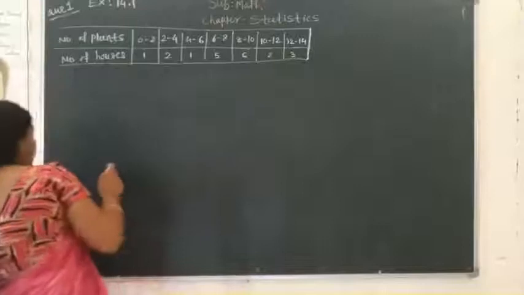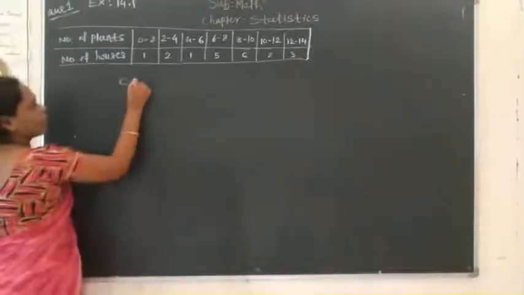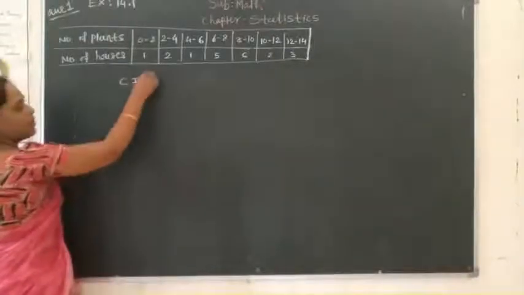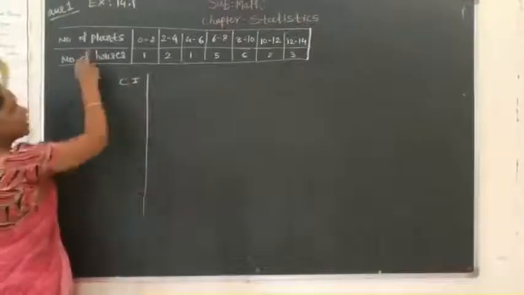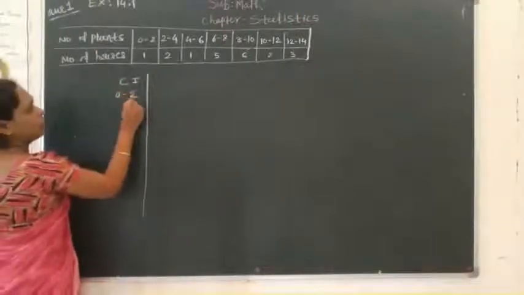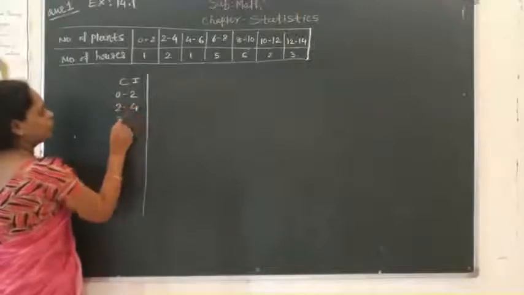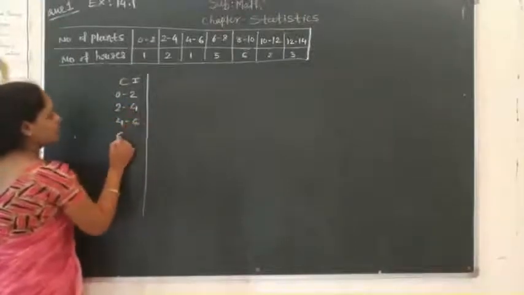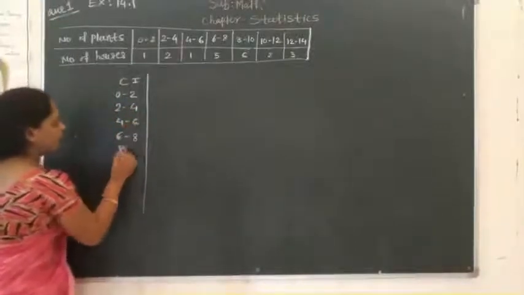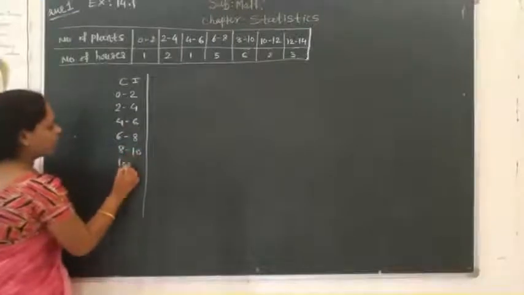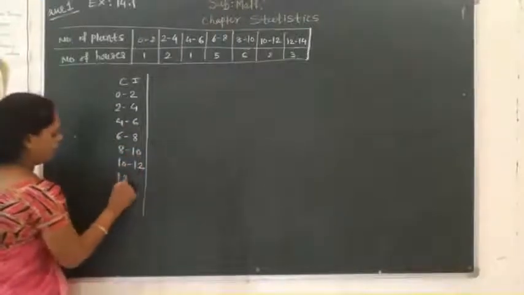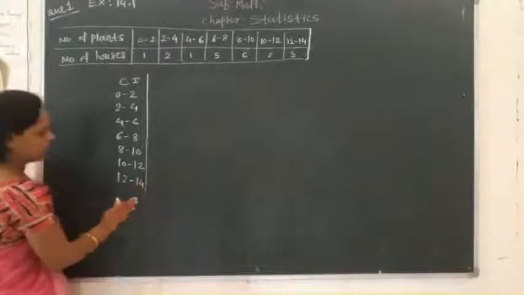Make the table first. In this table your first column is CI. CI means class intervals, which are given: 0 to 2, 2 to 4, 4 to 6, 6 to 8, 8 to 10, 10 to 12, and 12 to 14. These are the CIs.